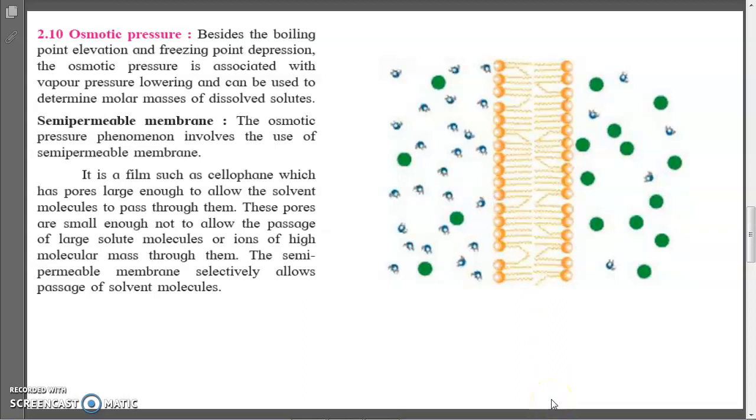It is a film such as cellophane which has pores. We can see that there are pores large enough to allow the solvent molecules to pass through them.